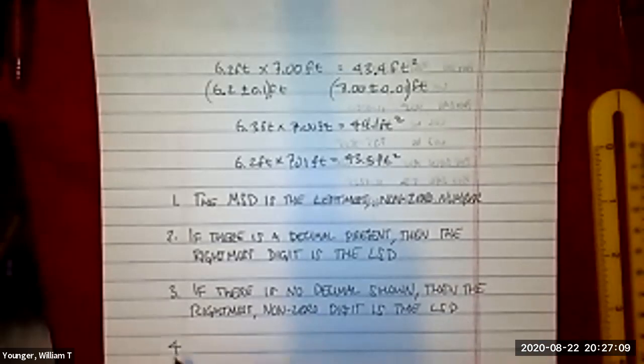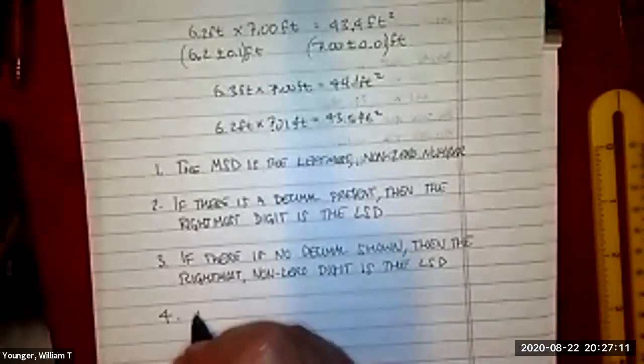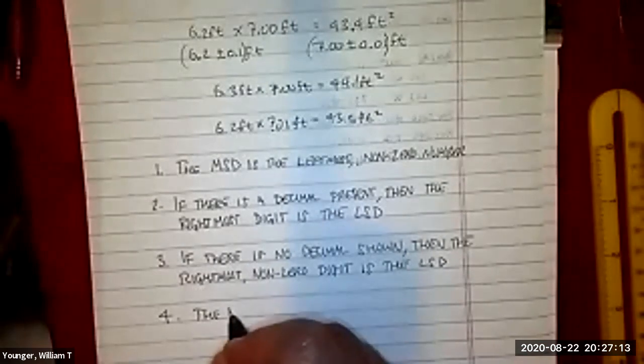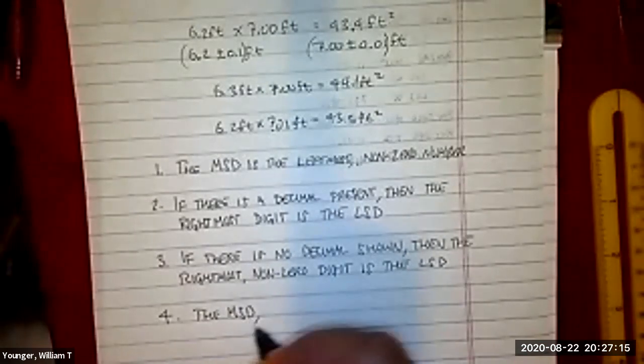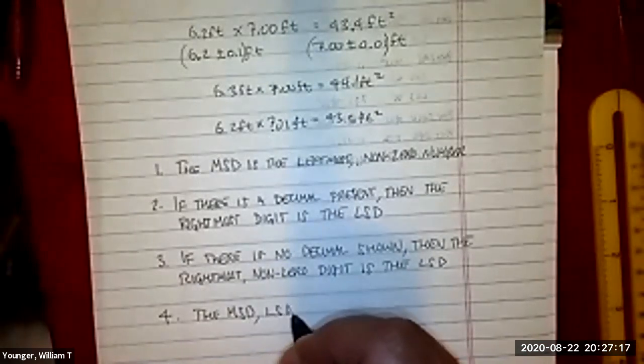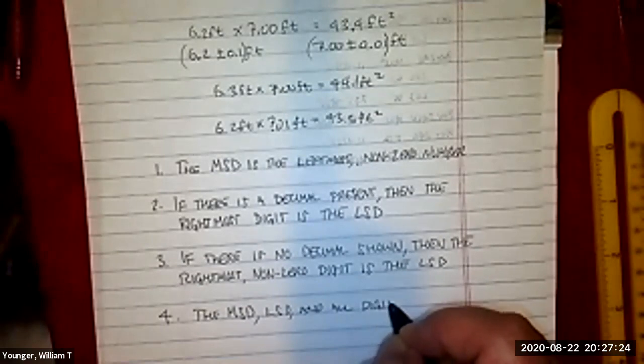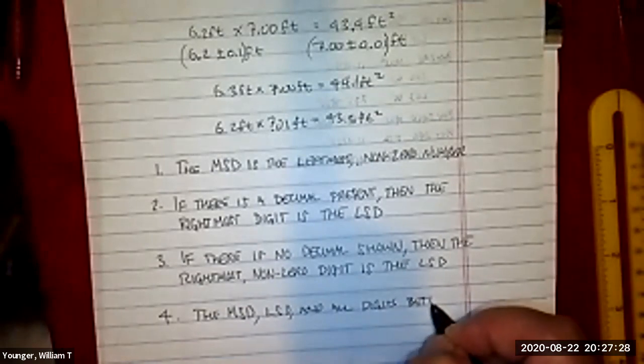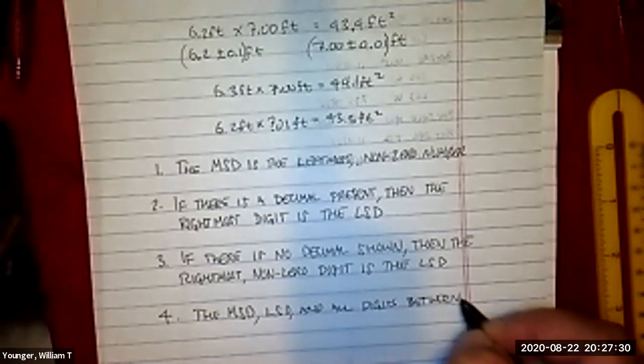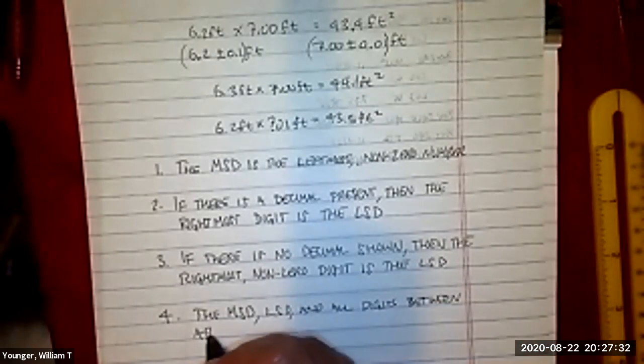And then finally, rule number 4: the MSD, the LSD, and all digits between are significant.